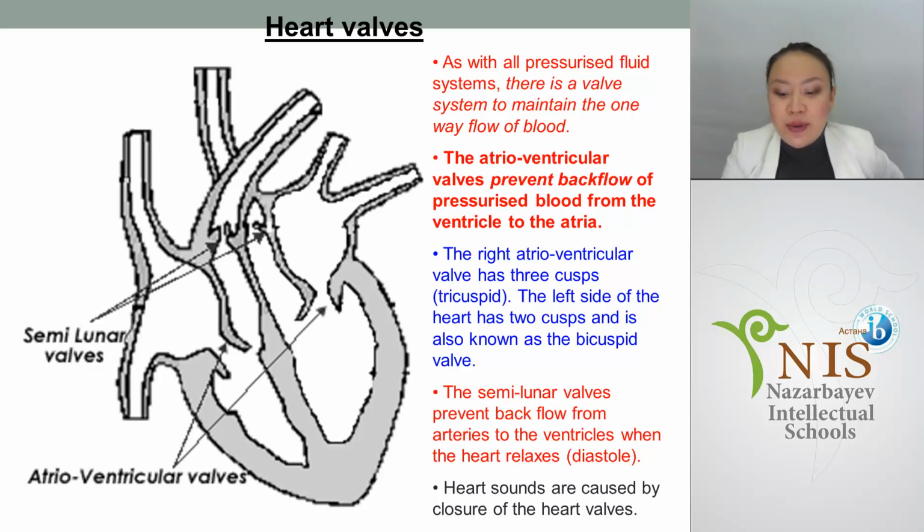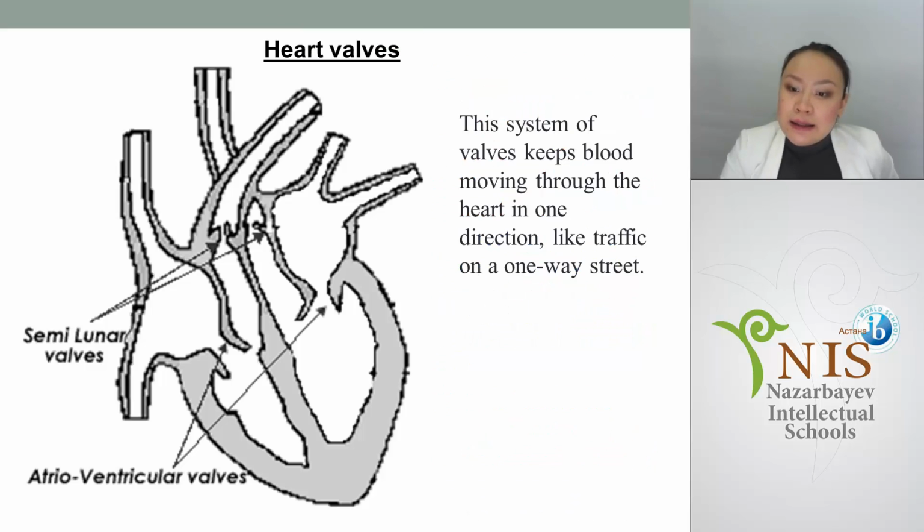Heart sounds are caused by closure of the heart valves, the sound of our heart is made by the valves. This system of valves keeps blood moving through the heart in one direction, like traffic on a one-way street.